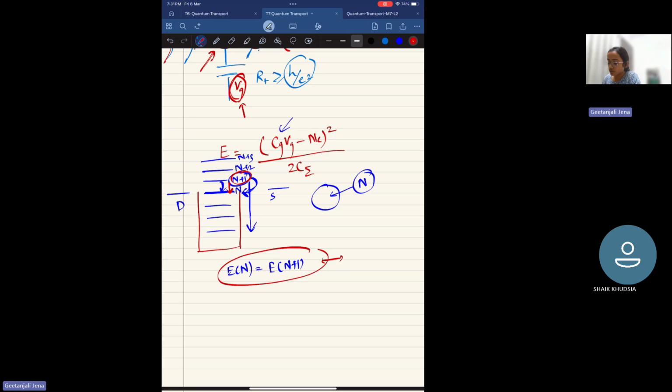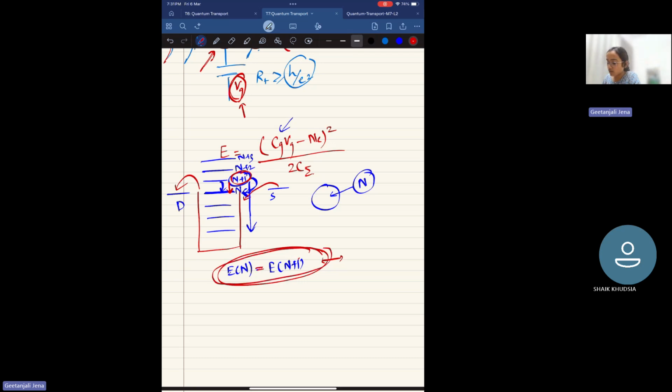For this case, the electron can have energy En, and it can also have energy En plus 1. So that means if you now add an electron, it's now possible to tunnel from source to dot and from dot to drain, because now En is equal to En plus 1.